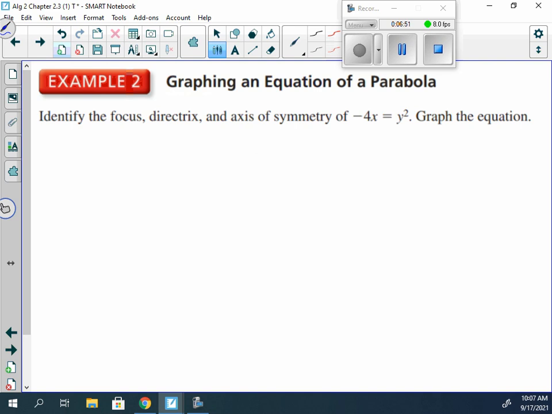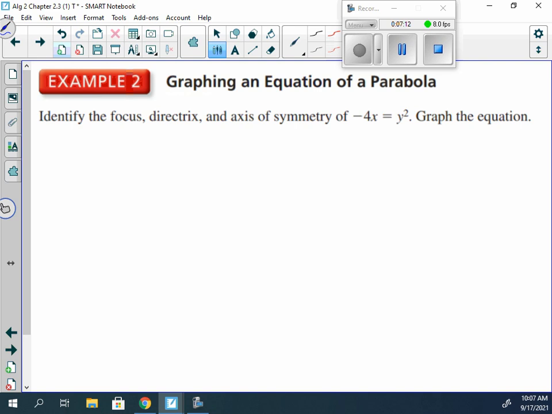Now again, we're not going to graph these here, but we're going to look at the first equation. When we look at this, we have a negative 4x and y squared, yes? Now when we look at our equations that we're given, we have two.